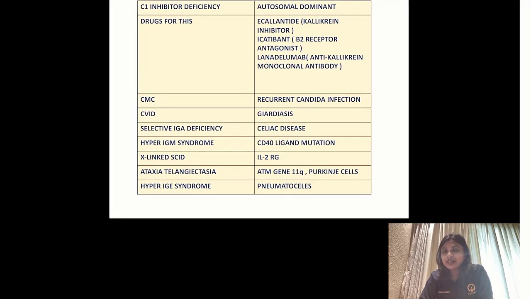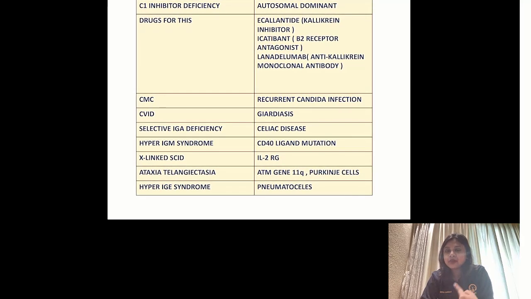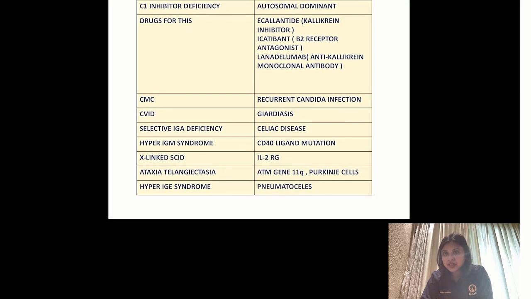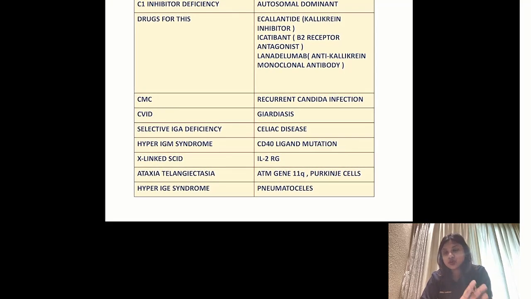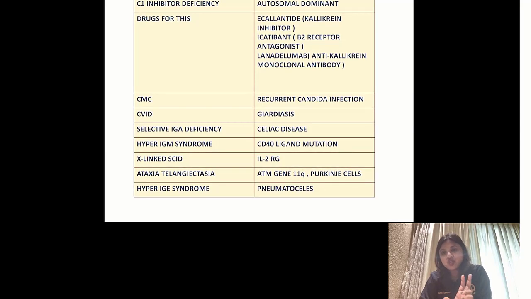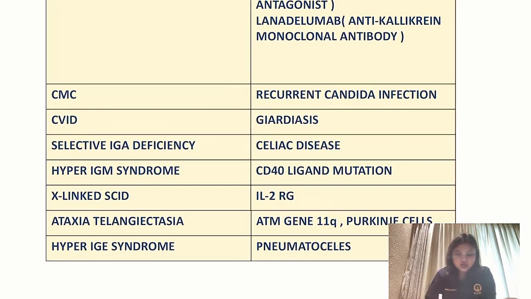So either you are having an antagonist against the bradykinin receptor, that is icatibant, or you're having anti-kallikrein monoclonal antibody, that is lanadelumab, or if you're having a kallikrein inhibitor, it is ecallantide. So a better name which you all are associated with regarding C1 inhibitor deficiency is hereditary angioedema. Okay, so another name is hereditary angioedema.